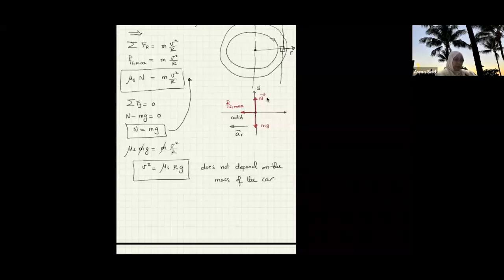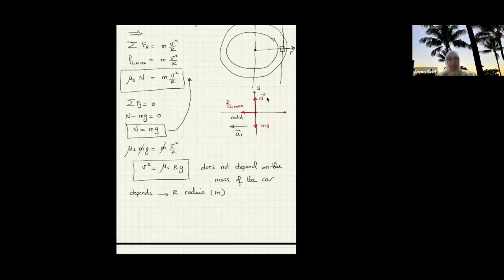Now, it depends on two factors. g is constant throughout the earth. r is the radius. And usually the radius is fixed, right? Because this is a road that was designed before you, then it has that radius. But it depends also on mu s.